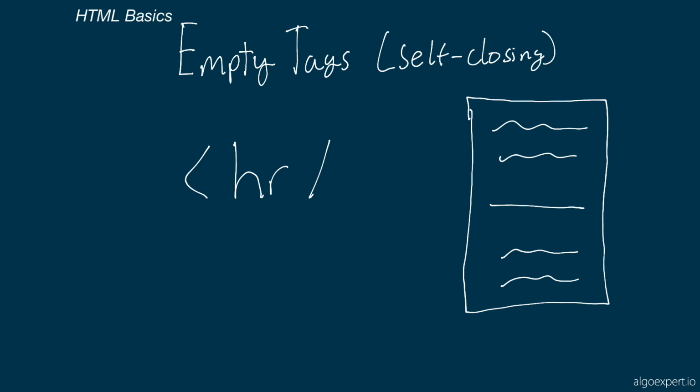Then we can add the greater than sign back in at the end as well, and this does the same thing as the other syntax, so either is perfectly fine to use. That said, it is just a personal preference, but you should try to be as consistent as possible. You don't want to go back and forth between syntaxes in the same file, because that can make things a little bit confusing to read.